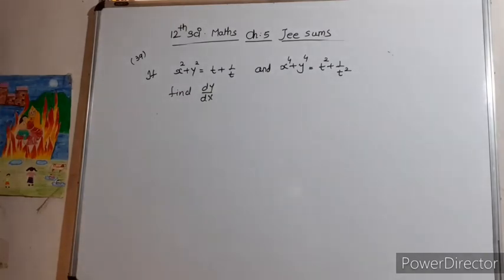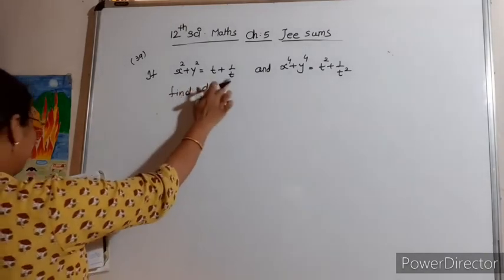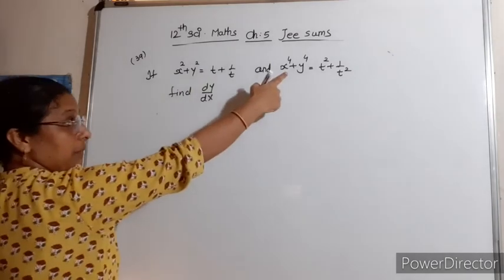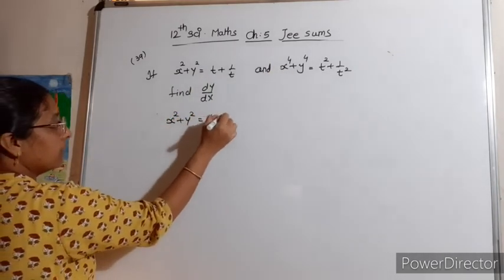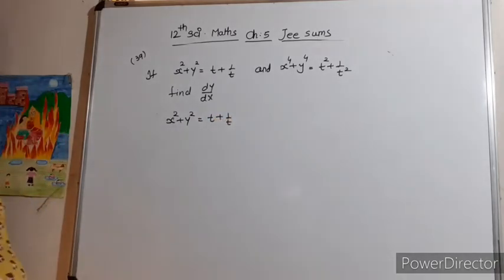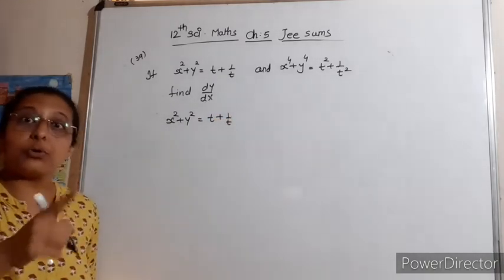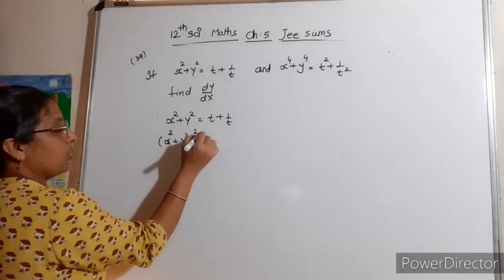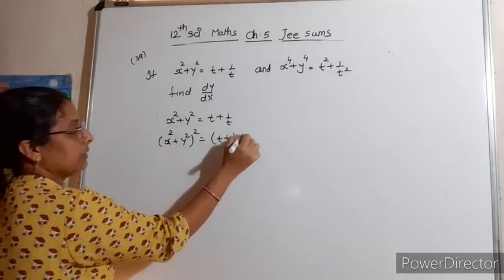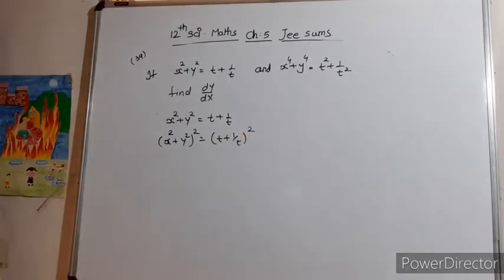Okay, so we can say that here हम दोनों तरफ यहाँ raised to the power 4 है, so I will write x square plus y square equals t plus 1 upon t. Then what we'll do? Apply square on both the side, so that x square plus y square equals t plus 1 upon t whole square. You understand that?